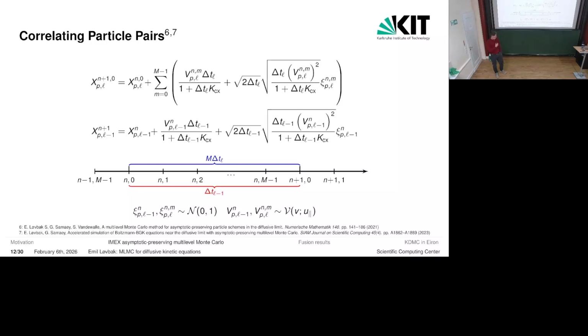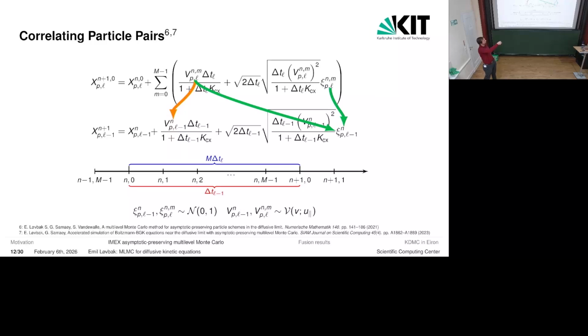Now, the right way takes a bit of thought, so this was done over the course of 2 papers, which you see here. The final approach we sort of converged on is the following. We have velocities at each of these steps, and we take some information from the velocities in the fine simulation and use this to generate a velocity, or let's say kinetic increment, at the coarse level.